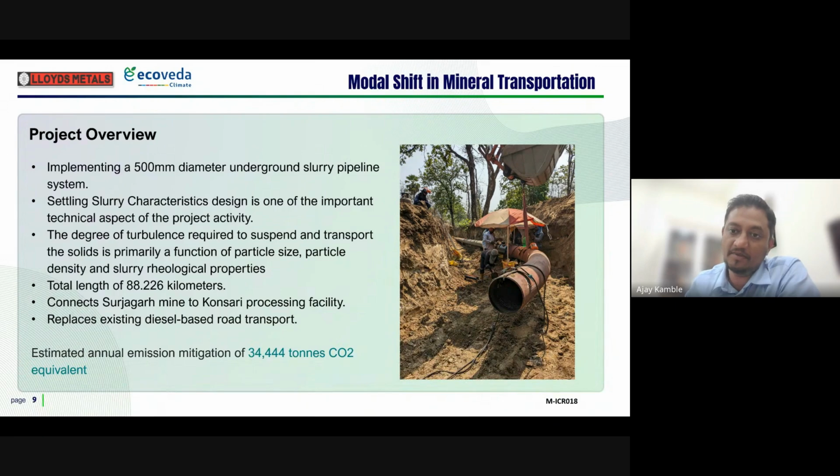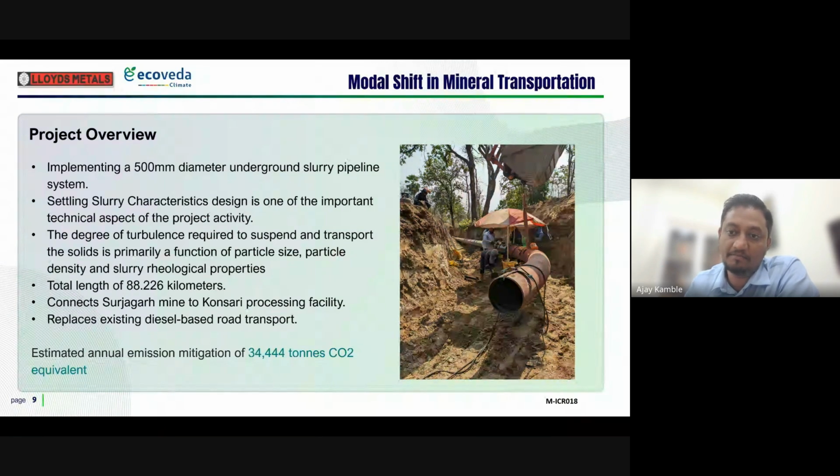The pipeline starts from the mine, where we have a grinding unit. We grind the iron ore, the mineral, to a particular size at which it can be transported in slurry form. We pump it through the header line, and at the receiving end we have a mineral processing unit, which people from a steel and iron background will understand.